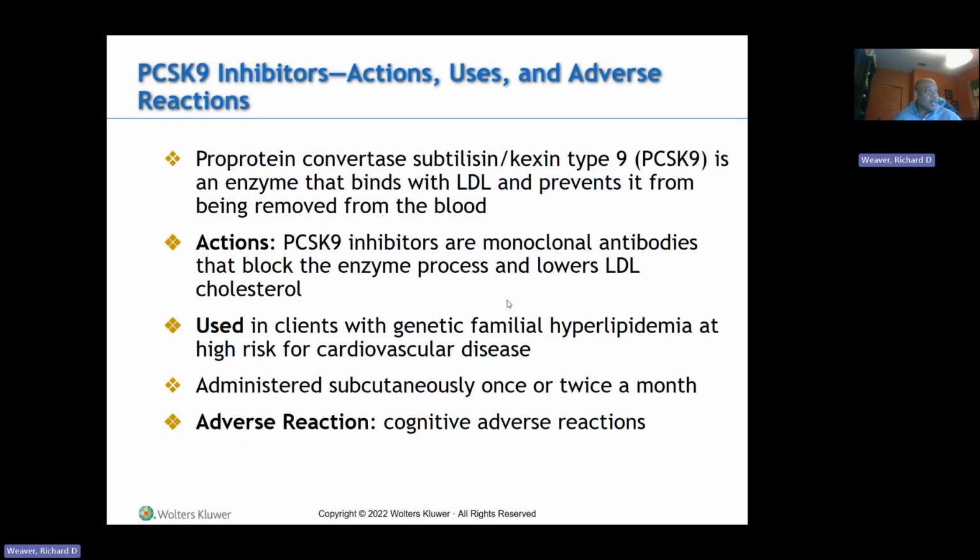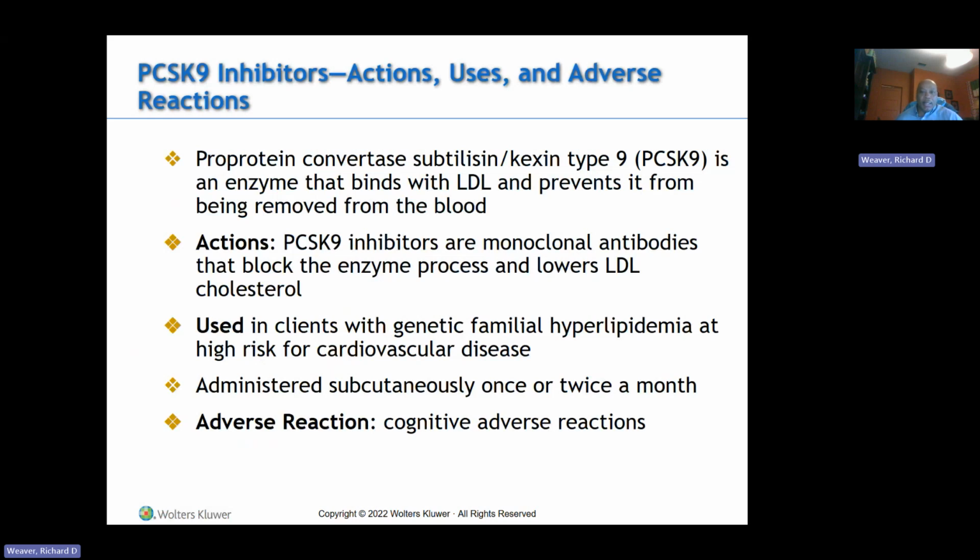All right. So this is another inhibitor type of drug that we need to discuss. Now, this medication is called the proprotein convertase subtilisin kexin type 9, the PCSK9 inhibitors.